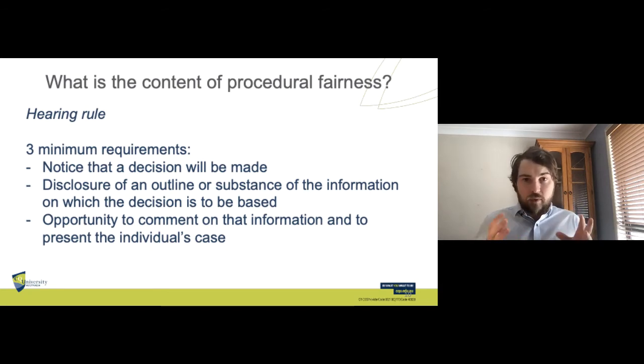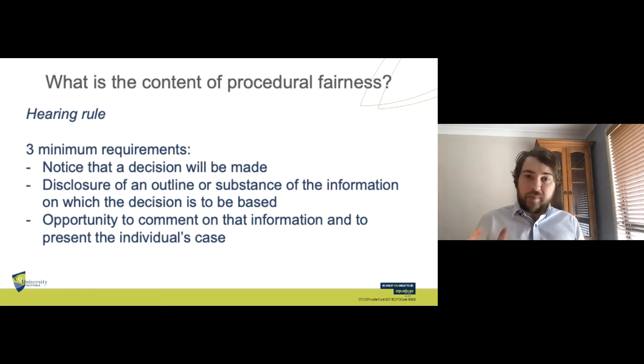So the hearing rule requires that people are notified that a decision's been made against them or that affects them, the reasons for decision essentially, so a disclosure of the outline and substance of that decision, and the opportunity to respond to that decision and the information on which that decision has been based.